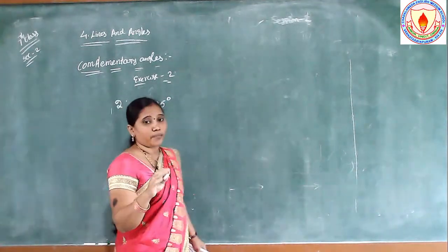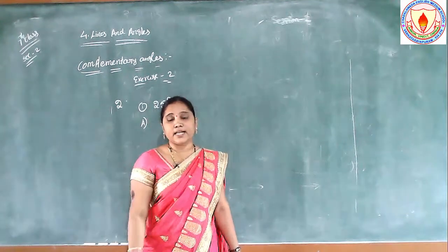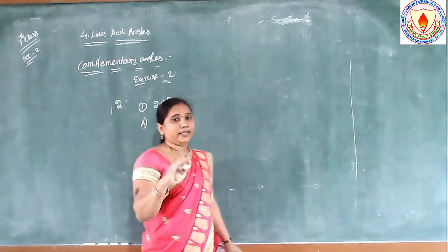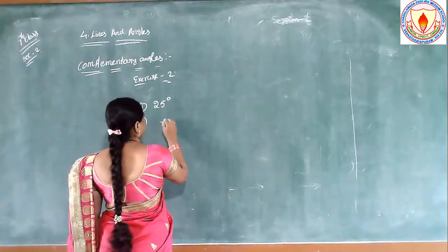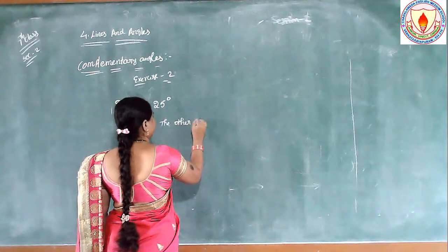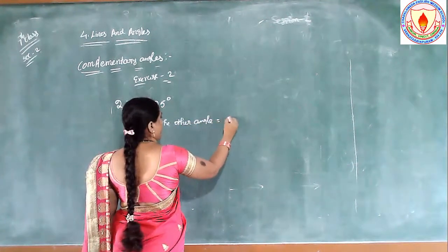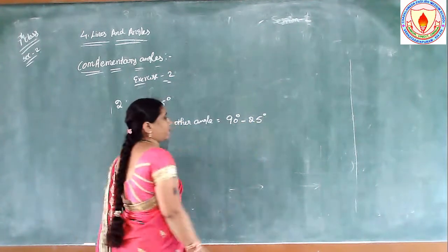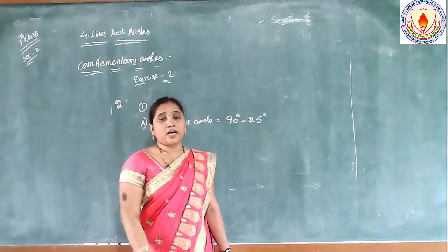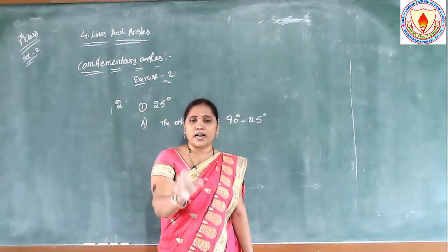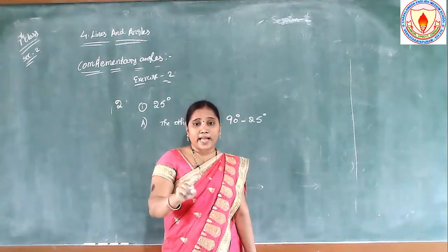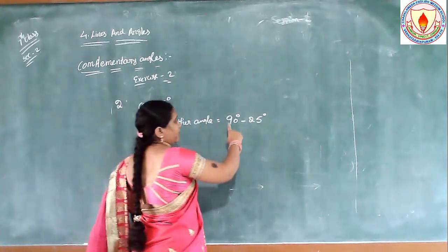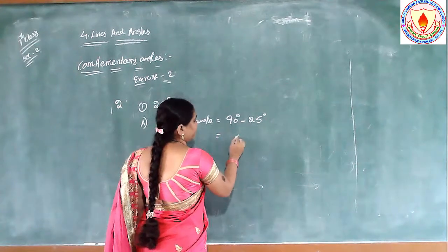We know that the total of complementary angles is 90 degrees. We know that two complementary angles together should be 90 degrees. So the other angle is found by subtracting the angle from 90. Why subtract from 90? Because the two angles are complementary; as soon as we hear complementary, we should remember that the total of both angles is 90. Here they gave only 25, so we subtract it from 90.